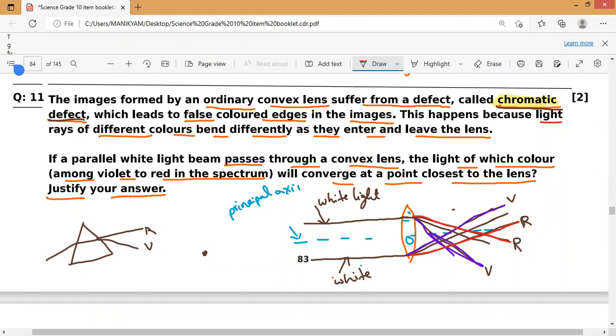Anyone, please? I'm asking you the questions. Observe and tell me. Kevin, Helmukil, girls, who is having more refractive index, who is having less refractive index?